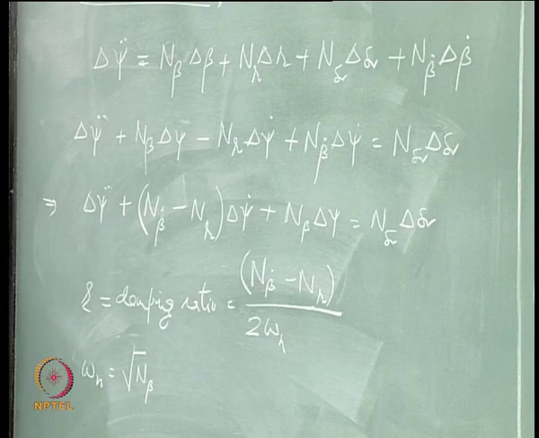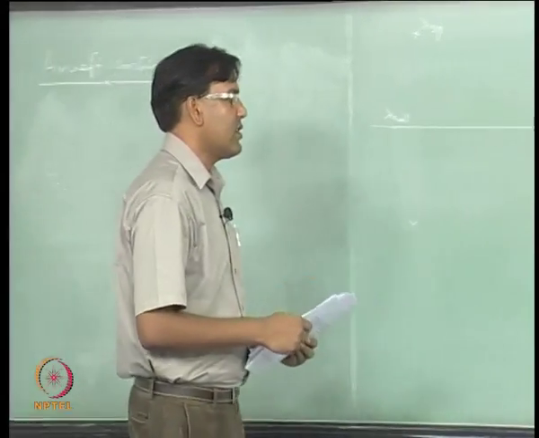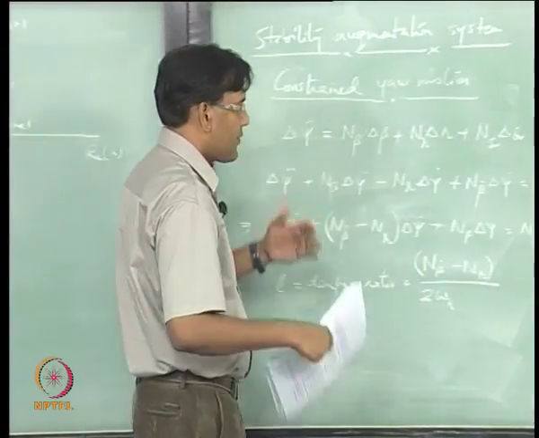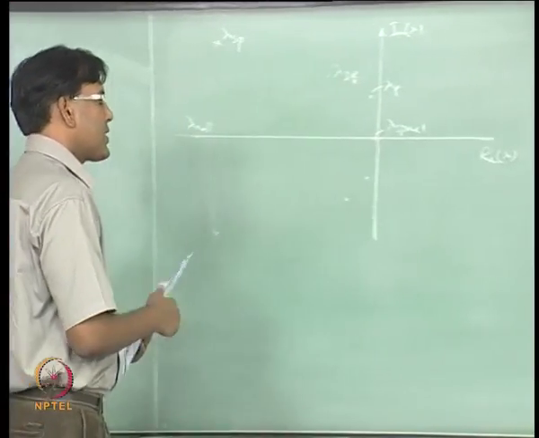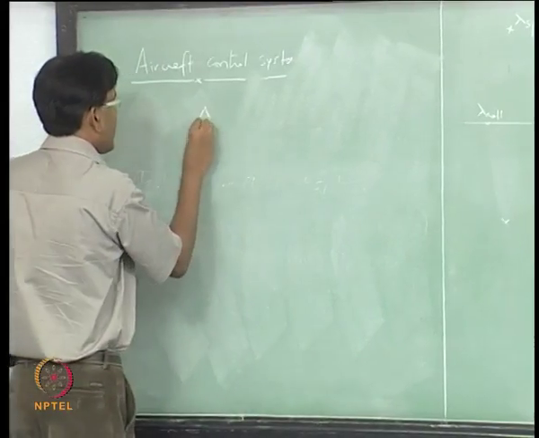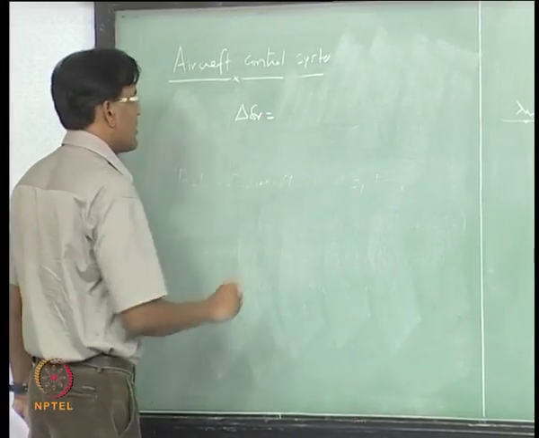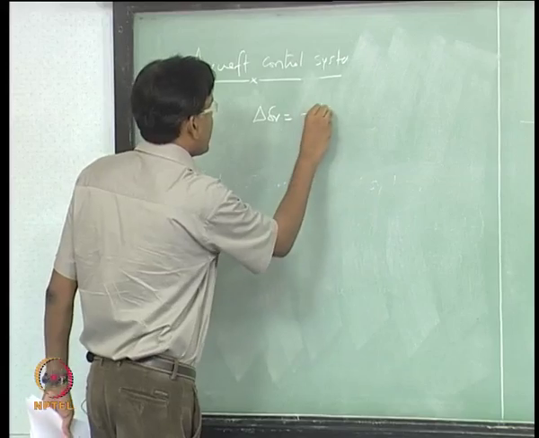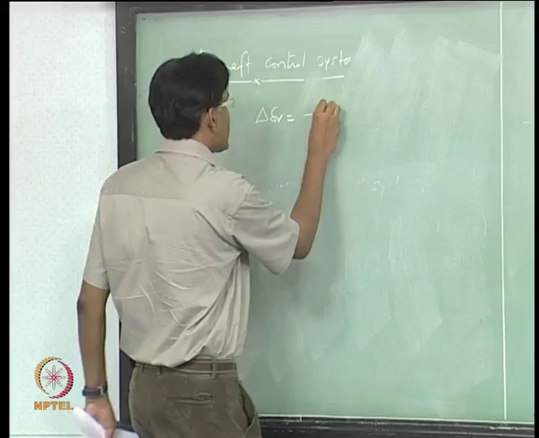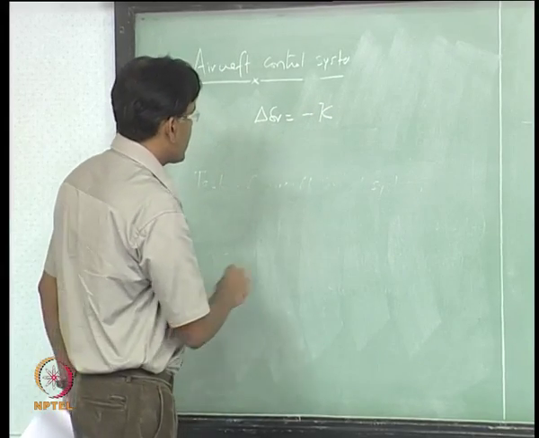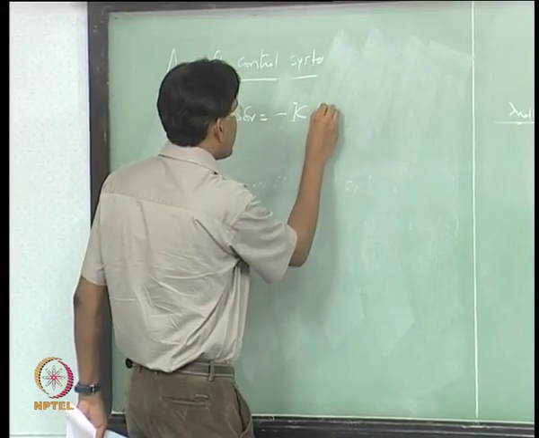So, let us see what happens if we change the rudder deflection around the fixed equilibrium condition. So, this delta r now can be deflected around the trimmed condition according to the feedback.